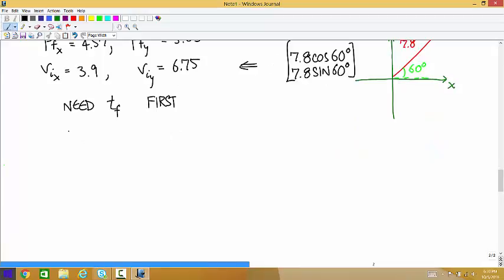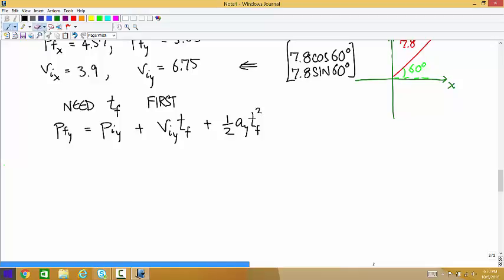So to find TF, I think we should be able to use PFY is equal to PIY plus VIY TF plus 1/2 AY TF squared. No? No. It has to be x, because we don't know PIY, right. We're looking for PIY. But we can do this with x in this one.